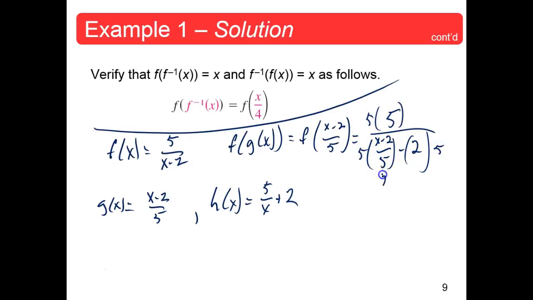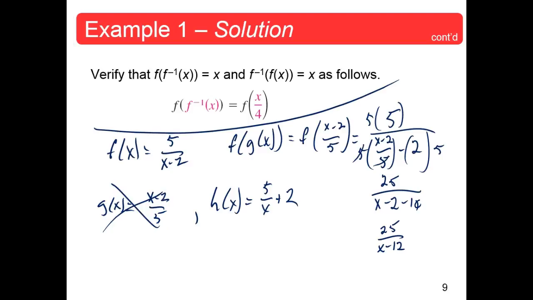So this gives you 25 over, here the 5's go out, x minus 2 minus 10, which is 25 over x minus 12. Is there any way that's going to be x? None I can imagine. So I would say g is probably not the inverse of f.